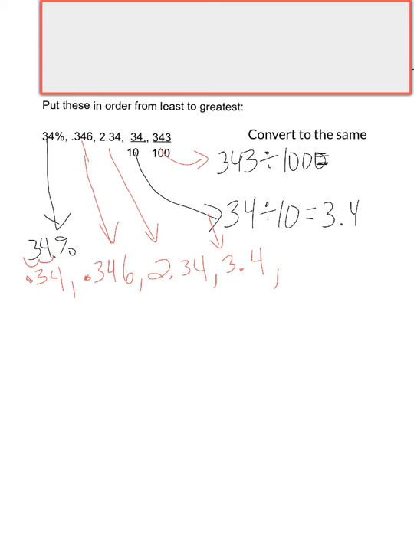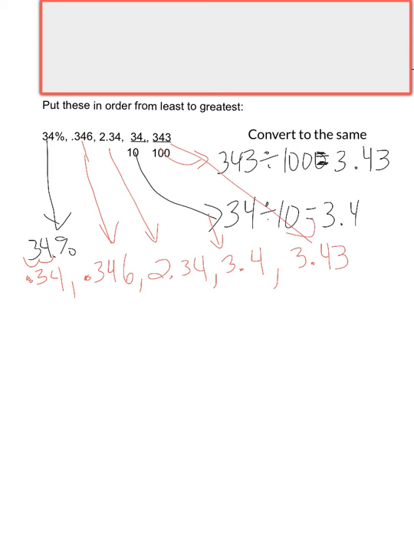It says 100, not 1,000, 100. 343 divided by 100 equals 3.43. So my last amount is 3.43.